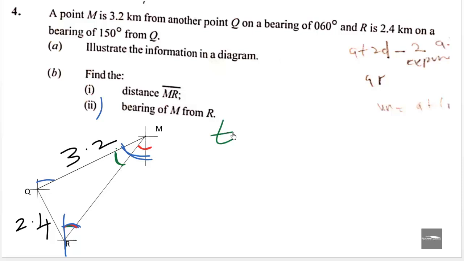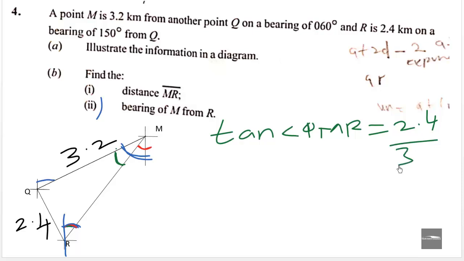We use the tangent ratio. Tan of this angle QMR will be equal to opposite, which is 2.4, over adjacent, which is 3.2, and that will give us 3/4.